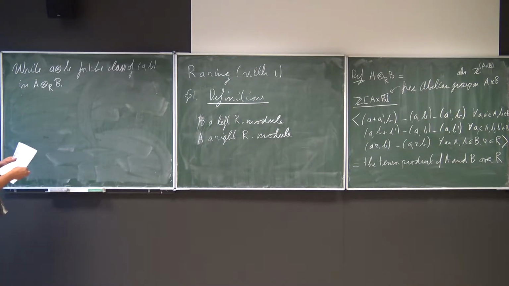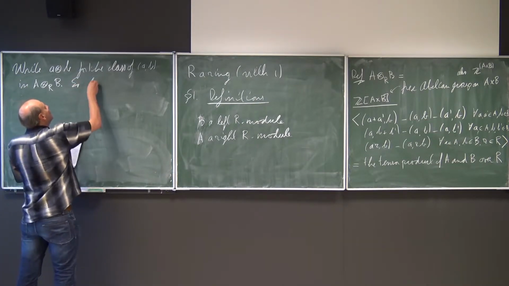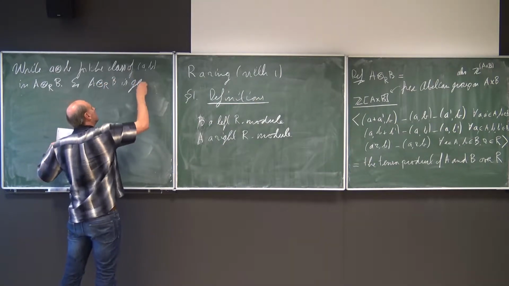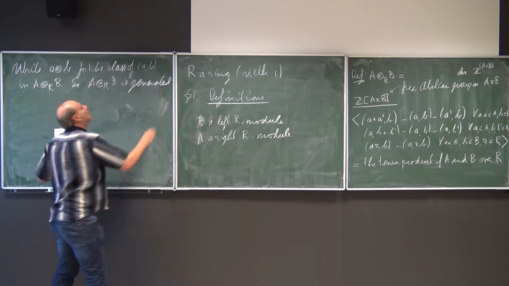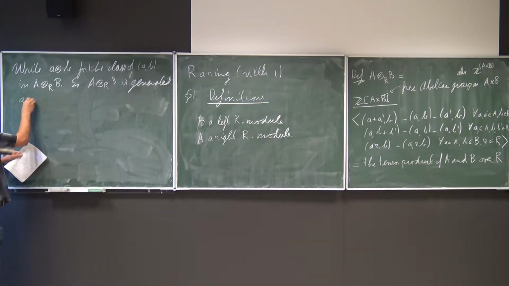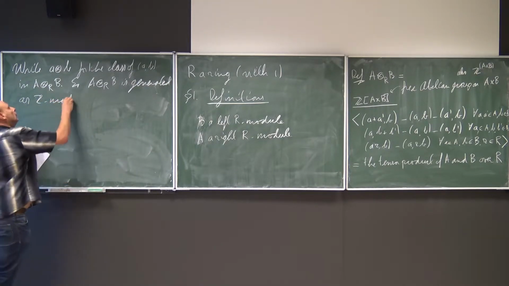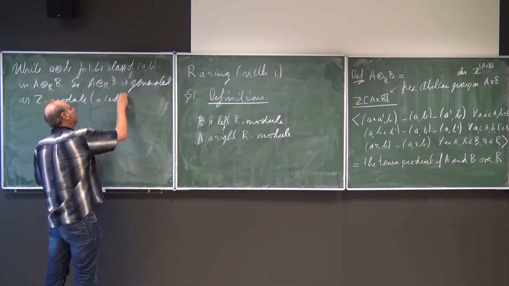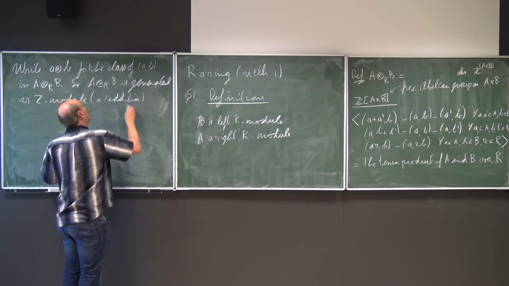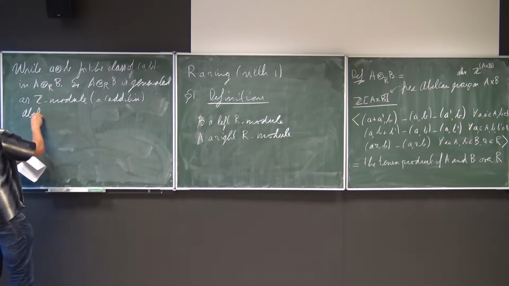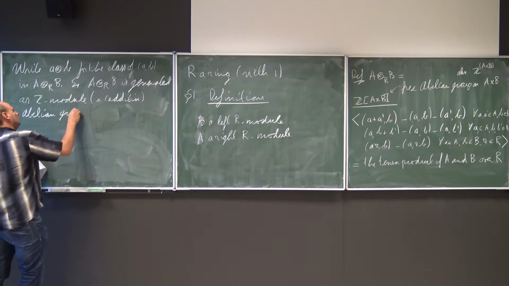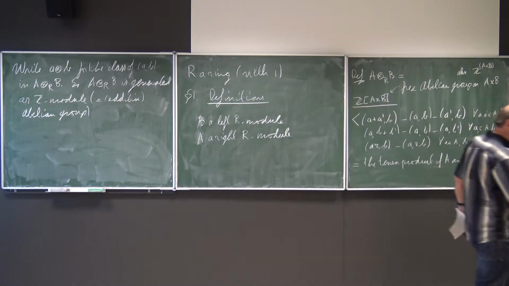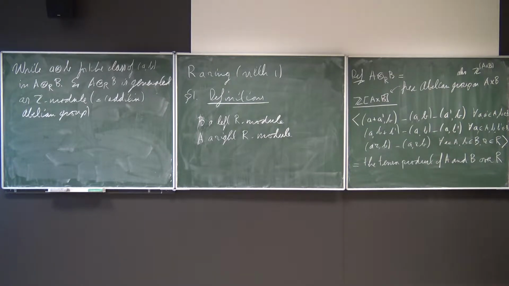And so that means that A tensor over R of B is generated as, well, I will say Z module, but that's the same as, in this case, an additive abelian group.